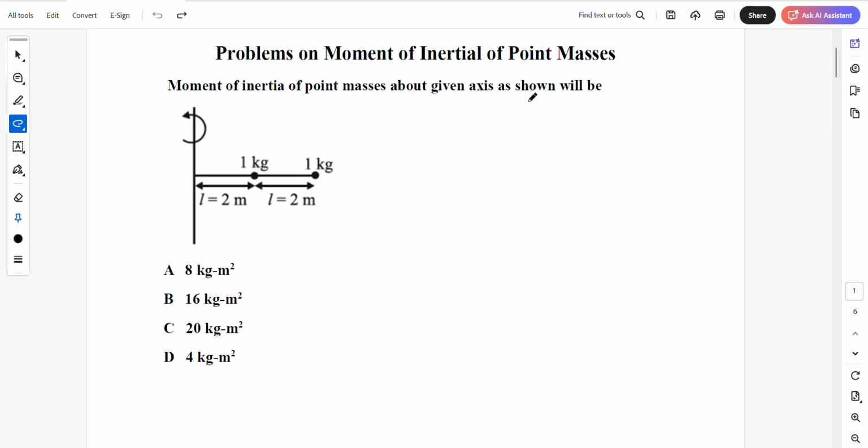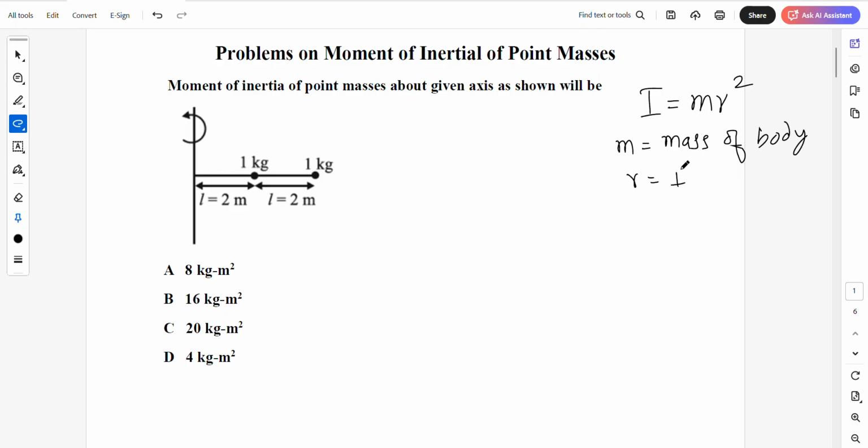Now, what is the formula for moment of inertia for a point mass? We know that I is equal to m r square, for a single mass. Then what is m? M is nothing but mass of body. What is r?